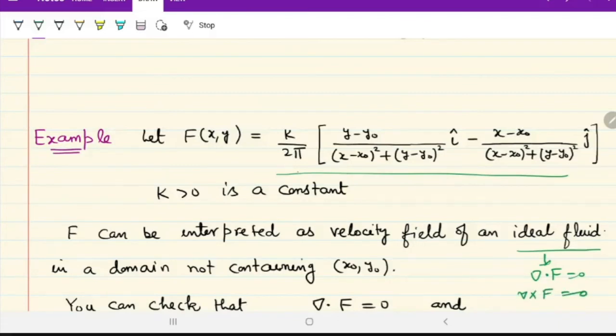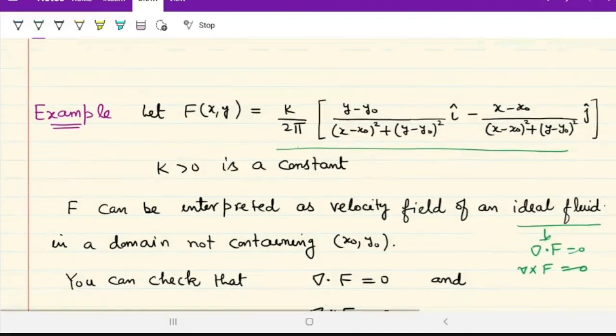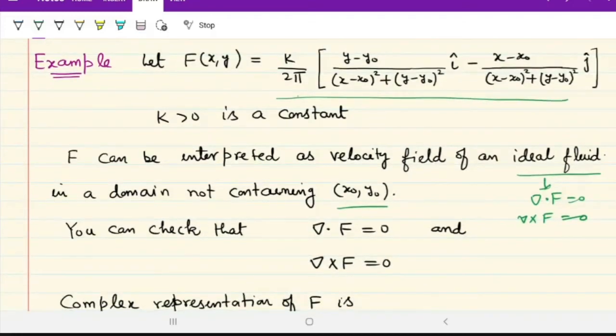So we can see that this F is defined in a domain which does not contain the point x0, y0, because at x equals x0 and y equals y0 you cannot define capital F. And you can easily see that these two conditions are satisfied. That means it is an ideal fluid. So this is an exercise for you. You can work this out.